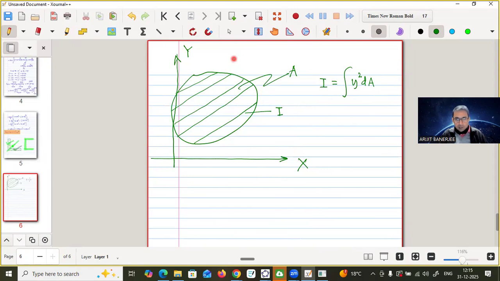What is dA? dA is this area, and this is y. We know that from the definition.